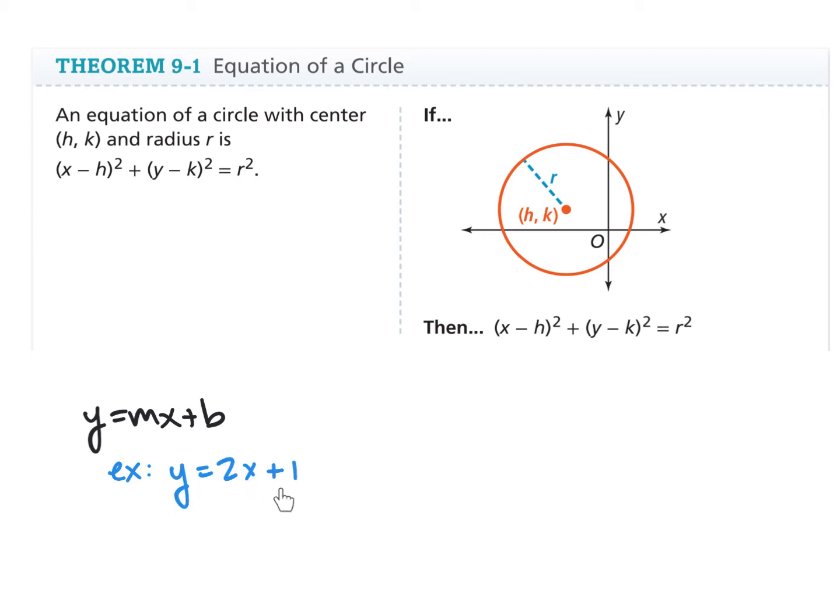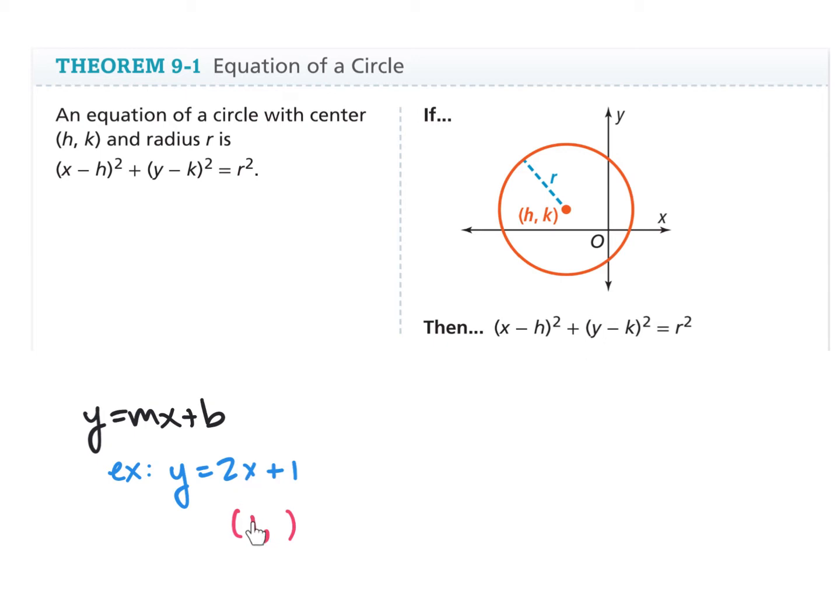And so this equation right here describes how all the points that are on that line, there would be an infinite number of points on that line, and how their x and y coordinates are related to each other. So for instance, if you picked out a point on this line that had an x coordinate of 1, then the y coordinate would be 1 multiplied by 2 and then added 1.